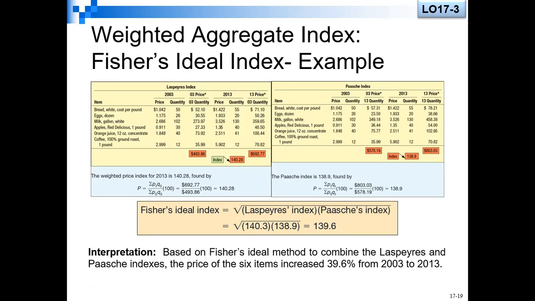One is 138, one is 140, and we get a square root, and we get 139. And 139 is less than 140, but higher than 138. And so, based on the Fisher's ideal index, the price of goods, your style of living, has increased in cost by 39.6%. Okay.